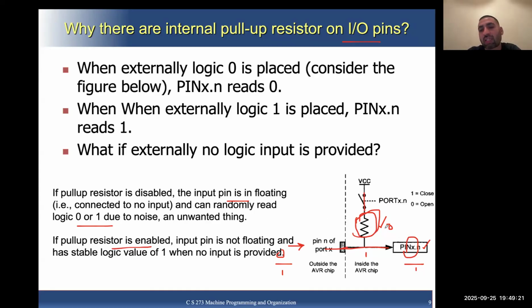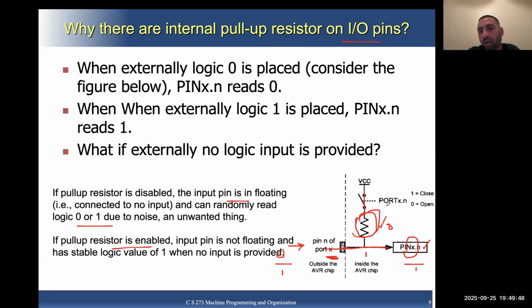One thing is, like we said, the AVR microcontroller has already built this internal resistor, so we don't need to worry about that. However, we can enable or disable this pull-up resistor, and only when a port is configured in input mode. If it is configured in input mode, then we can decide whether to use this pull-up resistor or not, right?